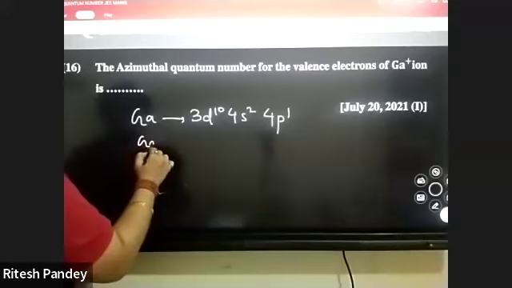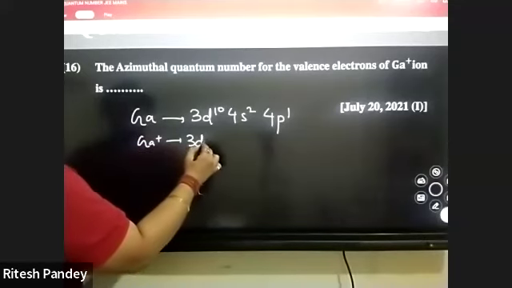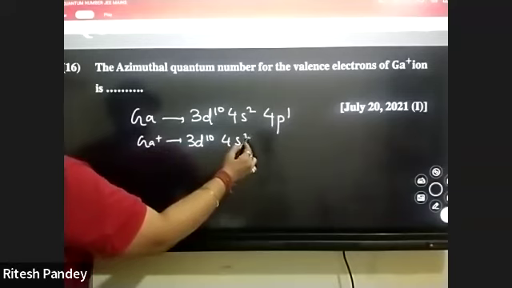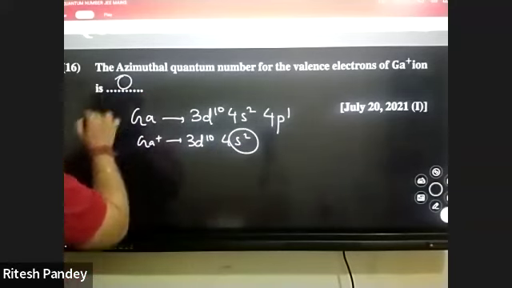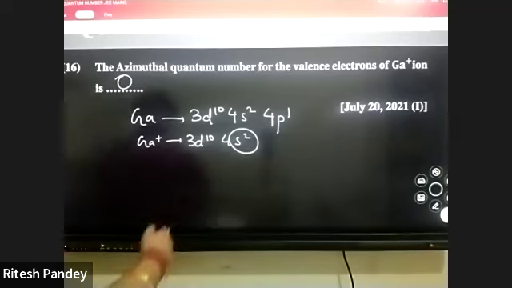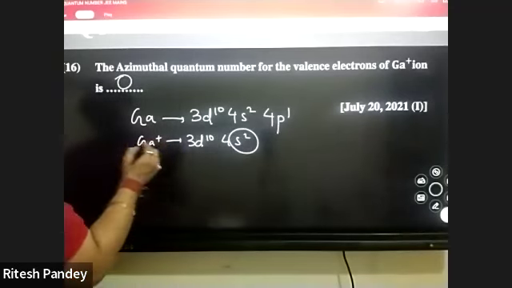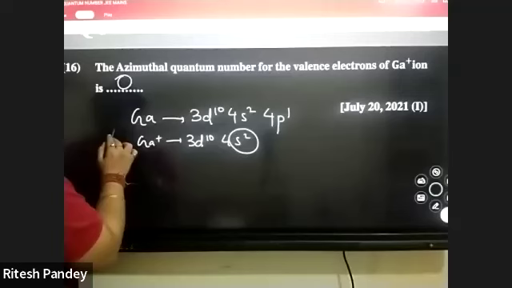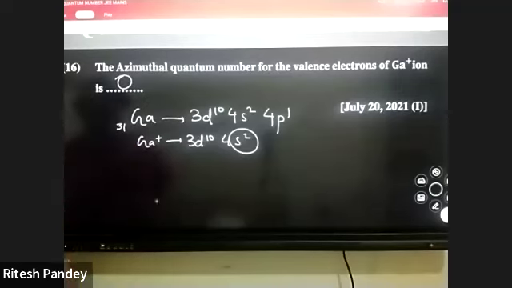So if it is gallium plus, it's still again the 4s electron for which the azimuthal quantum number L ka value is 0 for S subshell. Please stop me if there is a doubt at any point of time. Gallium, germanium, arsenic, selenium, bromine, krypton is what follows zinc. This is 31, I reckon.